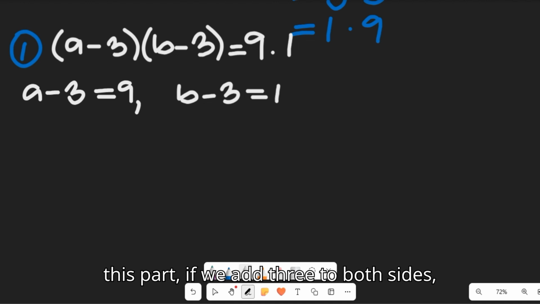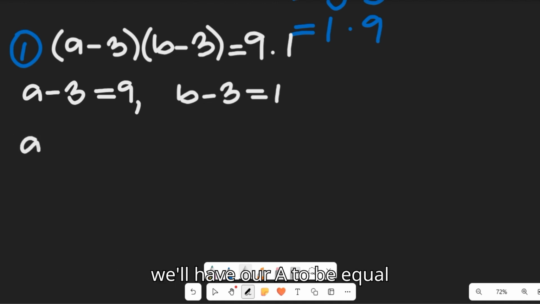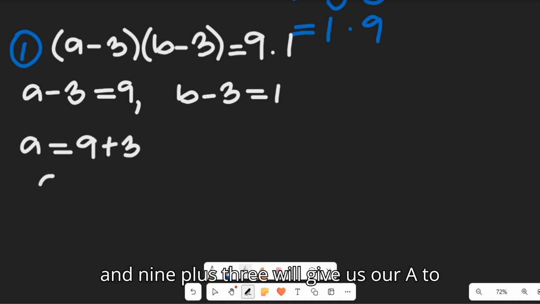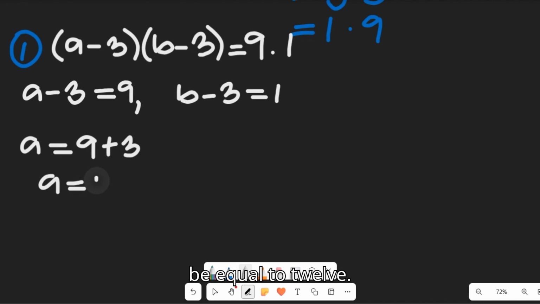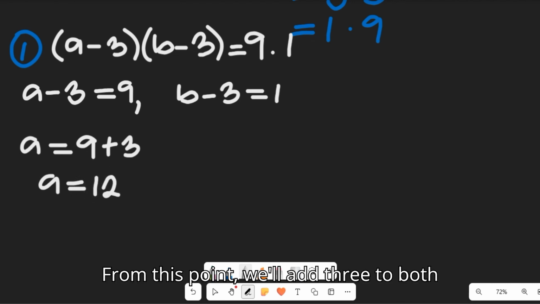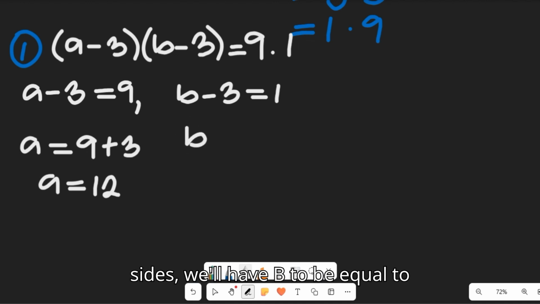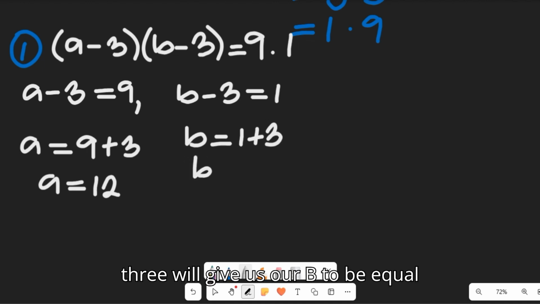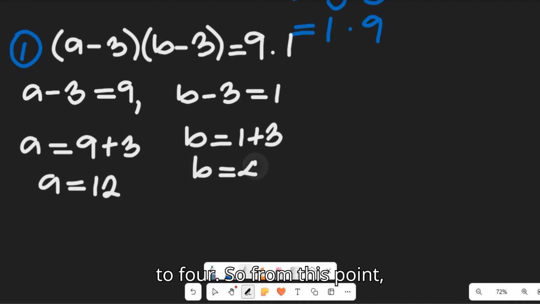From this part, if we add 3 to both sides, we'll have our a to be equal to 9 plus 3, and 9 plus 3 will give us our a to be equal to 12. From this point, we'll add 3 to both sides, we'll have b to be equal to 1 plus 3, and 1 plus 3 will give us our b to be equal to 4.